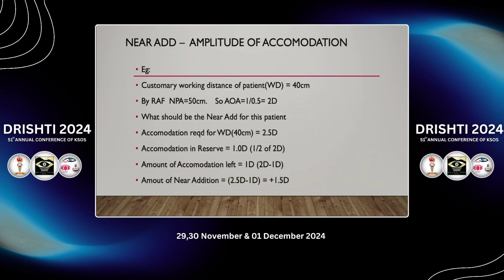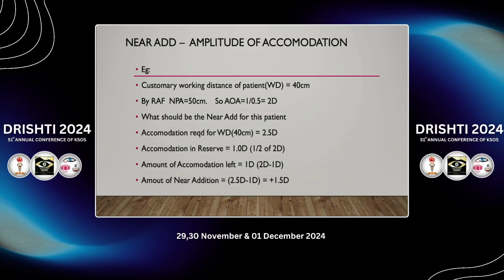Now for an example, suppose the customary working distance of the patient is 40 centimeters and the near point of accommodation you find by RAF ruler is 50 centimeters. So the amplitude of accommodation what the patient has is 1 by 0.5, that is 2 diopters. This is what the patient has. Now, what should be the near add for this patient for the working distance of 40 centimeters?